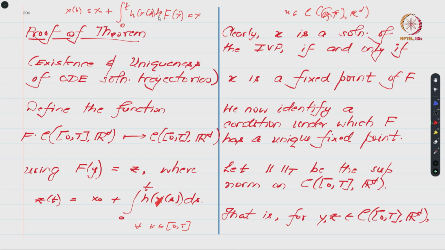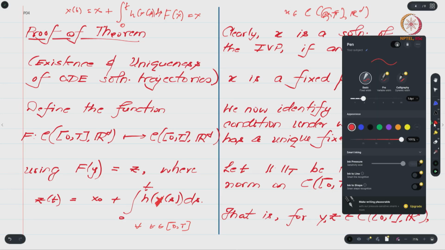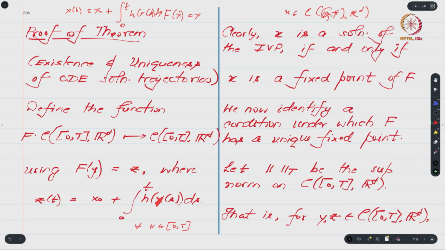Okay, and I forgot to mention over here, for simplicity we will consider your t naught to be 0. Okay, so this is just for simplicity, but the same ideas will go through even if you had a general x naught. So in this sense you can see that you have x on the left hand side and x on the right hand side, and from this perspective you can see that your x actually satisfies this fixed point relation.